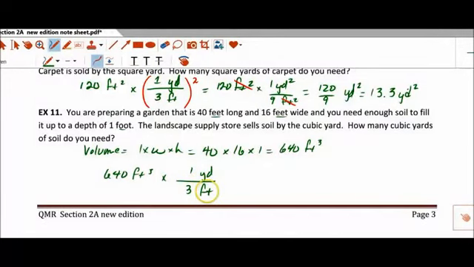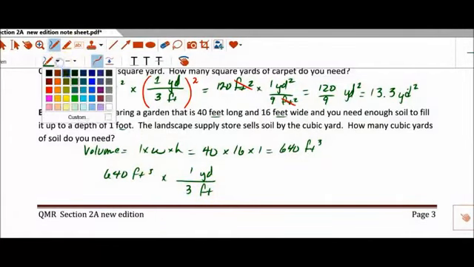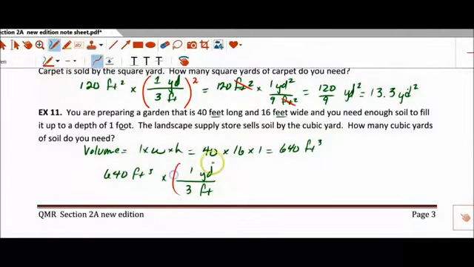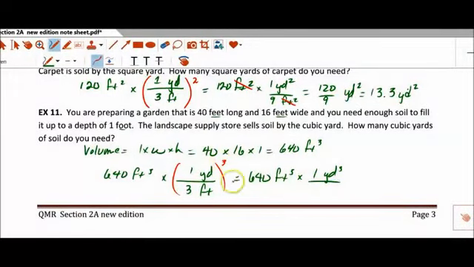Unfortunately, I don't have a foot cubed here to be able to cancel the foot cubed I have there, so I'll do exactly what I did in the previous problem, but instead of squaring it, I can cube this conversion factor to get 640 cubic feet times, cubing the 1 gives me a 1, cubing the yards gives me yards cubed, cubing the 3 gives me a 27, cubing the feet gives me cubic feet.